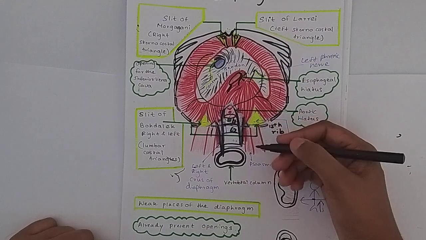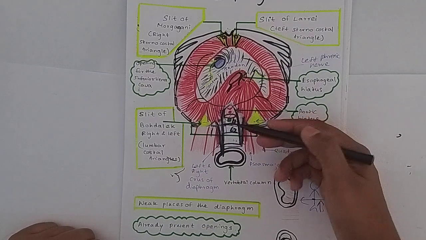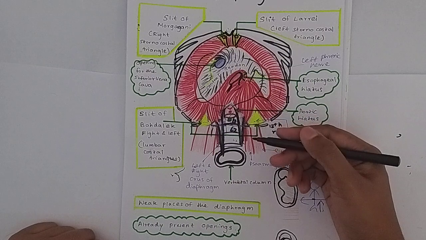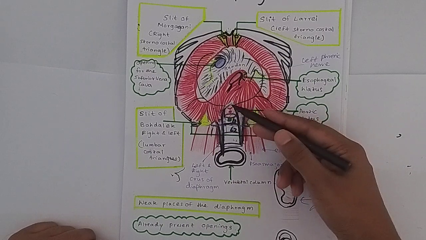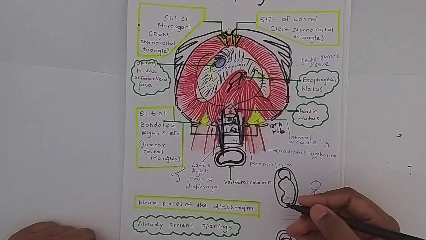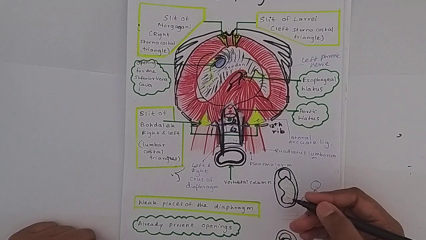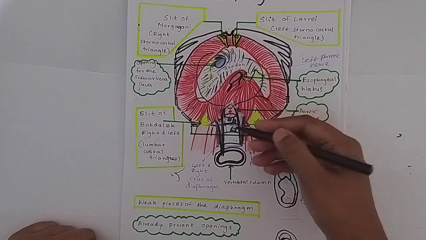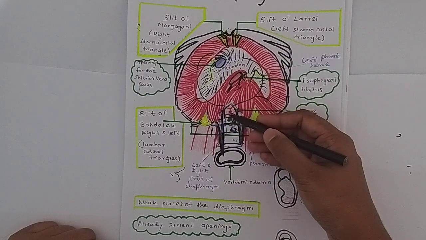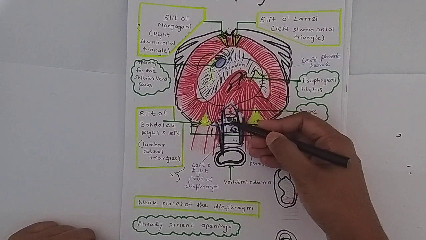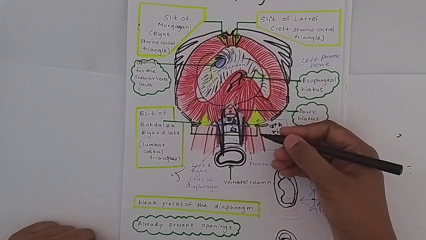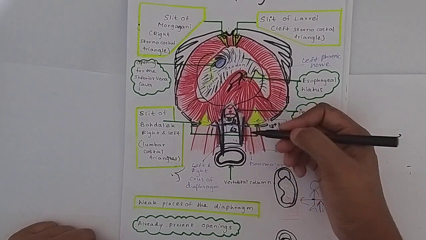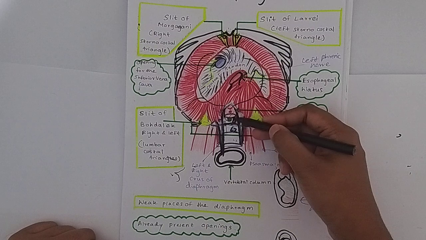To prevent that, we have a tendinous band around the aortic hiatus. Not only the aorta, the thoracic duct also comes through the aortic hiatus, posterior to the aorta, this one.